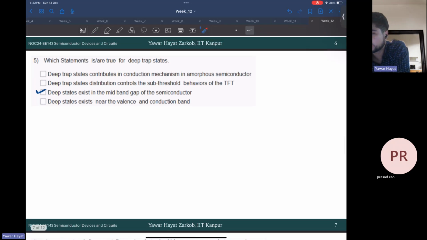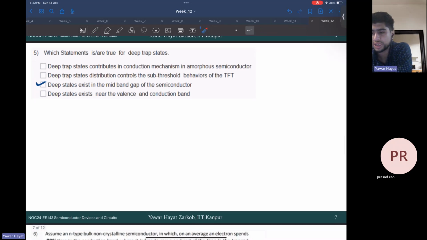What about this one, option A? Do deep states contribute to the conduction mechanism in amorphous semiconductor? No, right? So we can discard this option. Then, do deep states exist near the valence and conduction band?